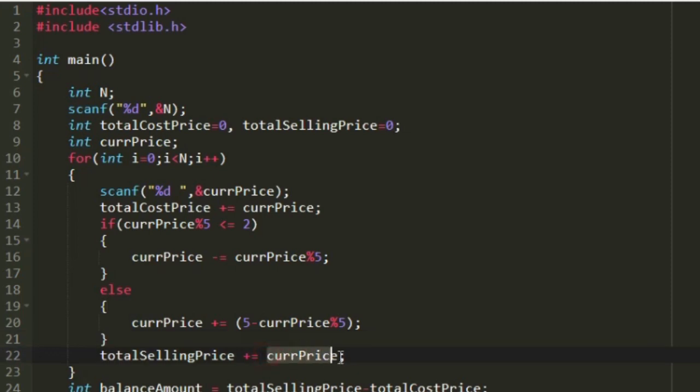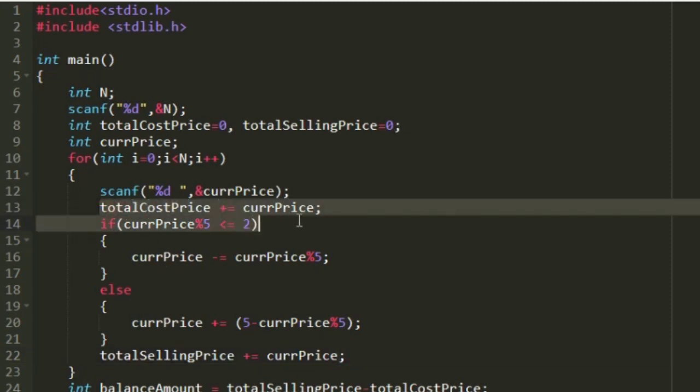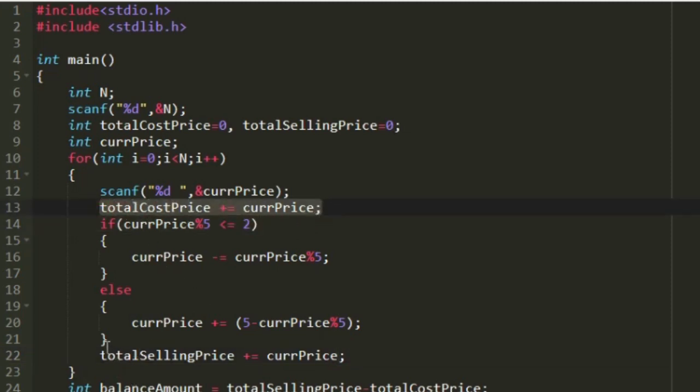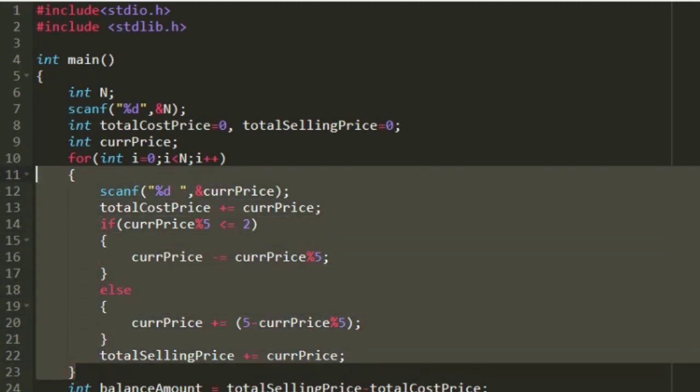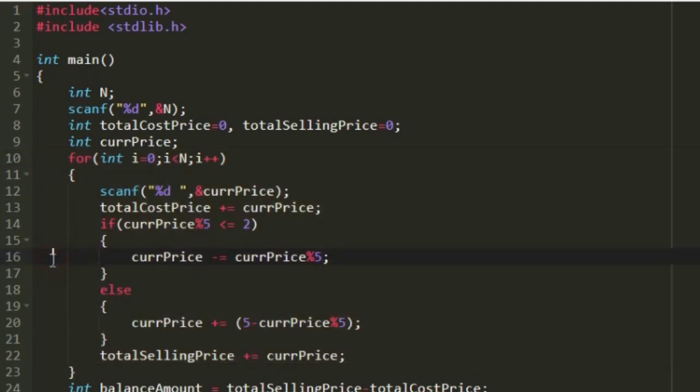So we are adding the current price to the variable total selling price. Initially we added the current price to total cost price, and after making changes to current price, we are adding it to the selling price. So after the execution of the for loop, we have the values of both total cost price and total selling price. The difference between these two values would be the total profit.